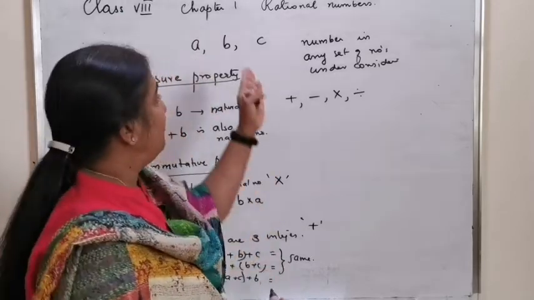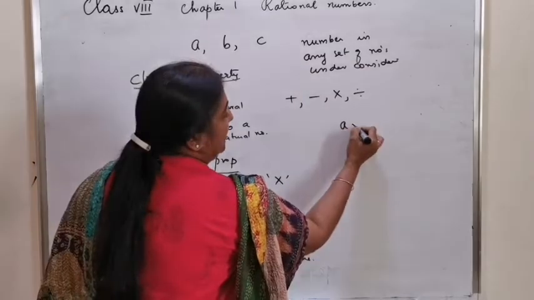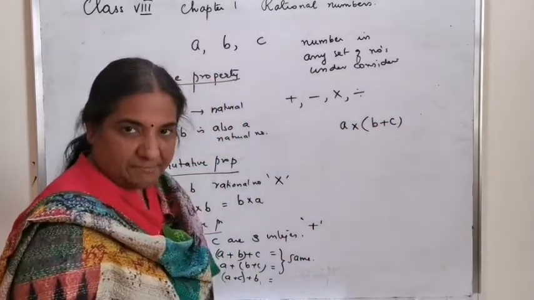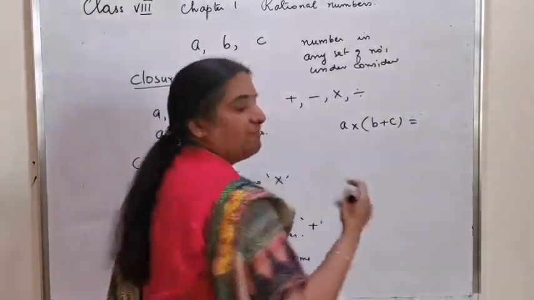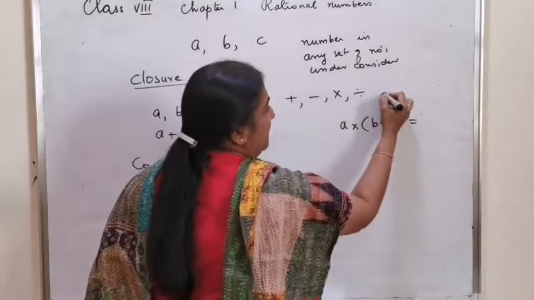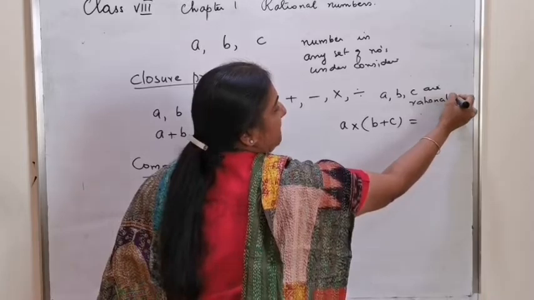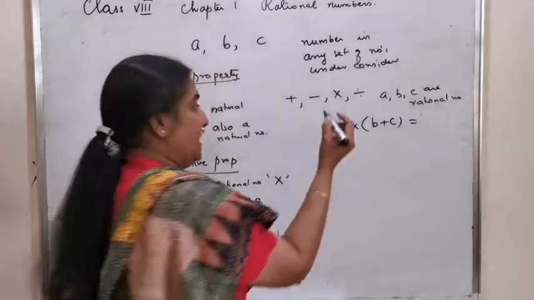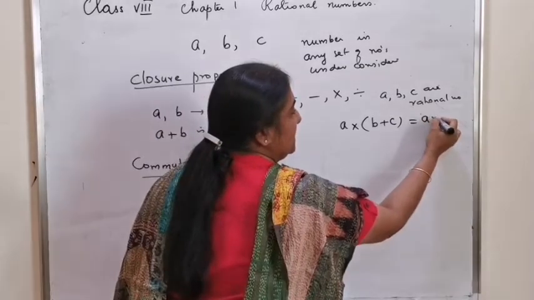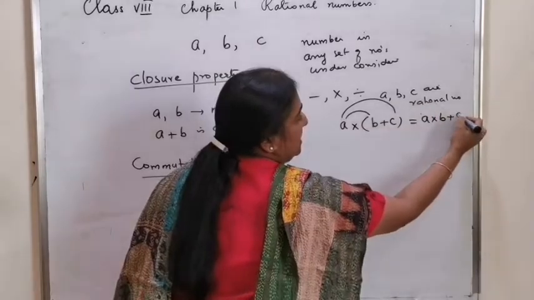Another example is the distributive law, which we just did: A into B plus C. For rational numbers, the distributive law is satisfied, which means that if A, B, C are rational numbers, then A into B plus C will always be equal to A into B plus A into C also.